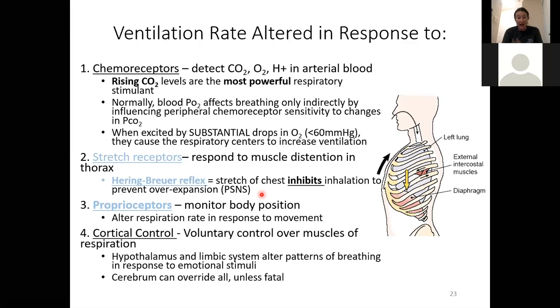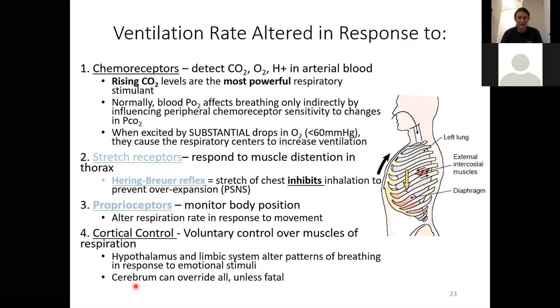But our limbic system overrides whatever our autonomic nervous system is doing in our respiratory system to change our breathing patterns. Right? And of course, with our cerebrum, we can make these conscious decisions to breathe really fast or breathe really slow.